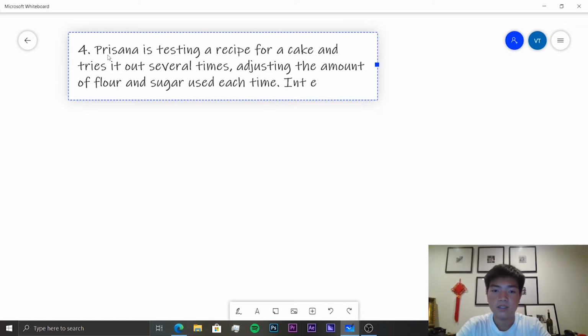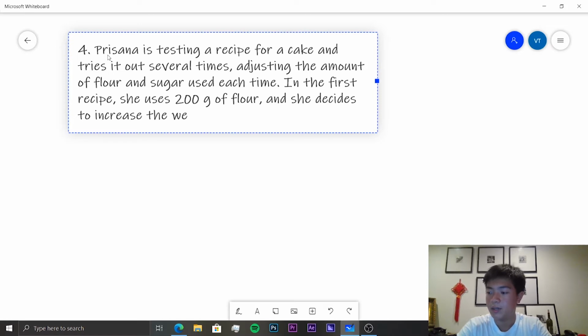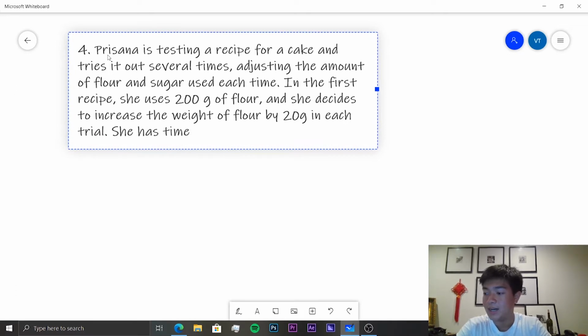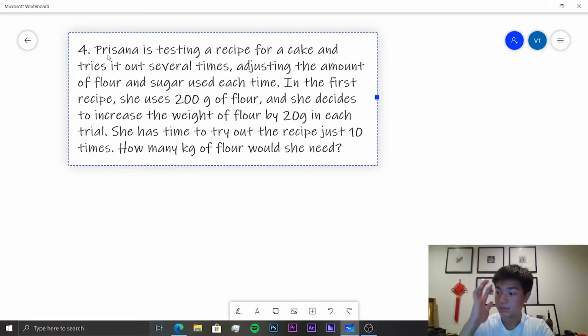In the first recipe, she uses 200 grams of flour, and she decides to increase the weight of flour by 20 grams in each trial. She has time to try out the recipe just 10 times. How many kilograms of flour would she need?